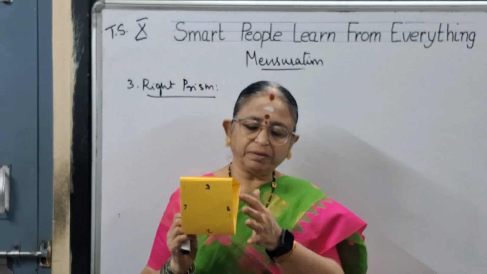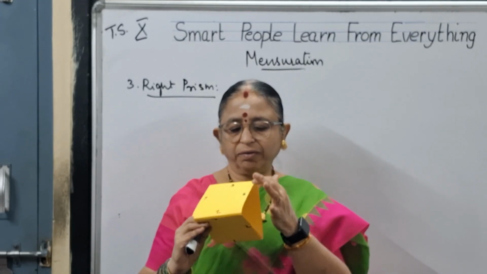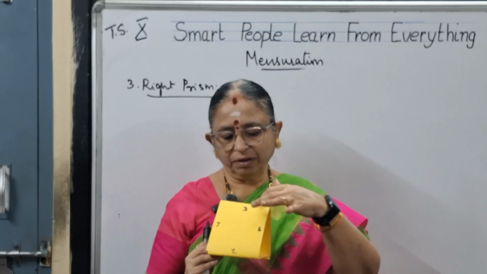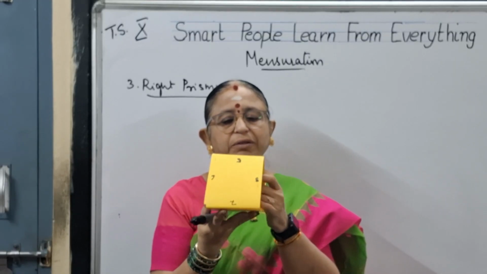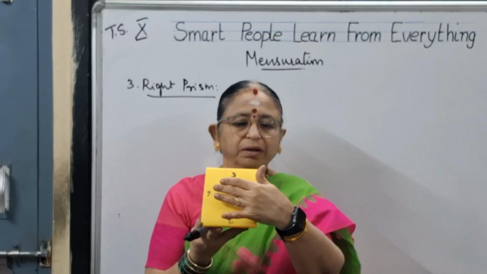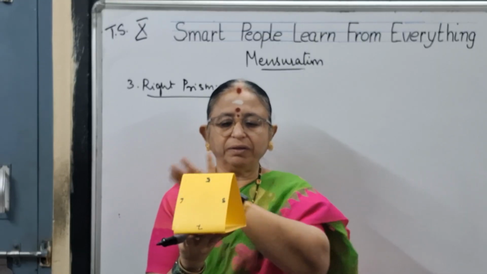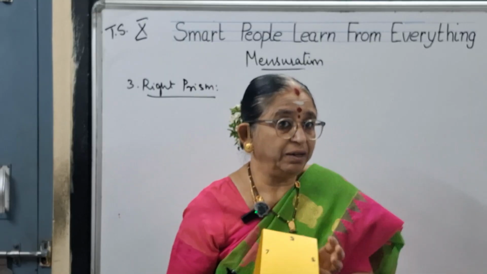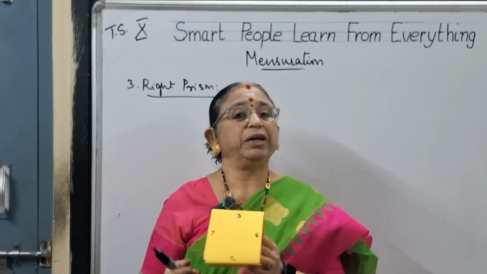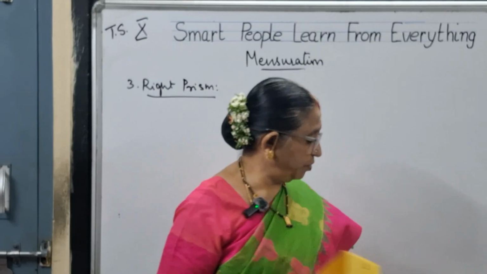Right prism means these sides will be perpendicular to this. This is actually a right prism. So a right prism contains two triangular bases and 1, 2, 3 rectangles if it is right. Otherwise, it has parallelograms. So this is the figure.